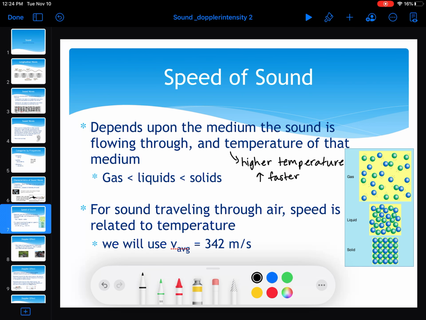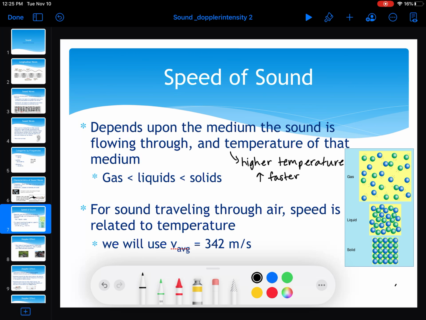It's still in a state of a solid, so that molecular arrangement hasn't really changed, but because it's moving with more energy, it's moving faster, it's going to experience those collisions much more rapidly, and so it's going to then transfer that energy on to the next molecule sooner than it would at the lower temperature of 32. And so that concept can be applied to all the different states of matter. So higher temperature is going to cause a greater speed of our sound, okay?